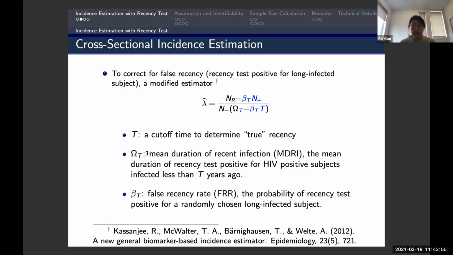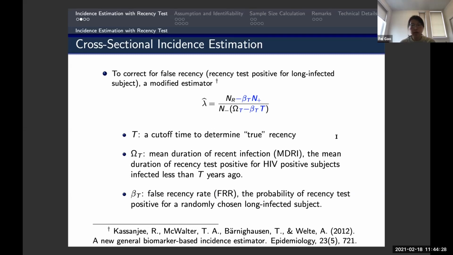In that case, our definition of mean window period will reduce to the mean duration of recent infection. Basically, this serves as an estimate of the mean duration of recency test positivity for those truly infected less than T years ago. And this beta_T, which is called the false recency rate or FRR, is the probability of recency test positivity for randomly chosen long infected subjects who were infected more than T years ago.